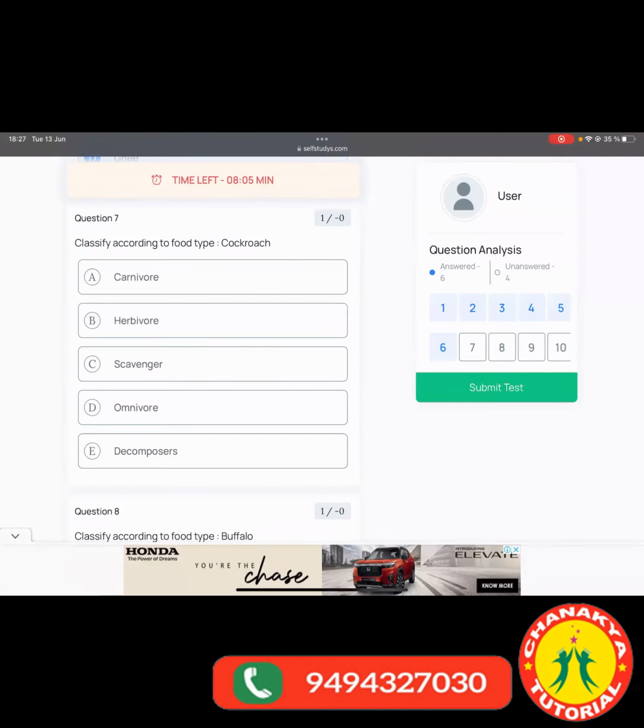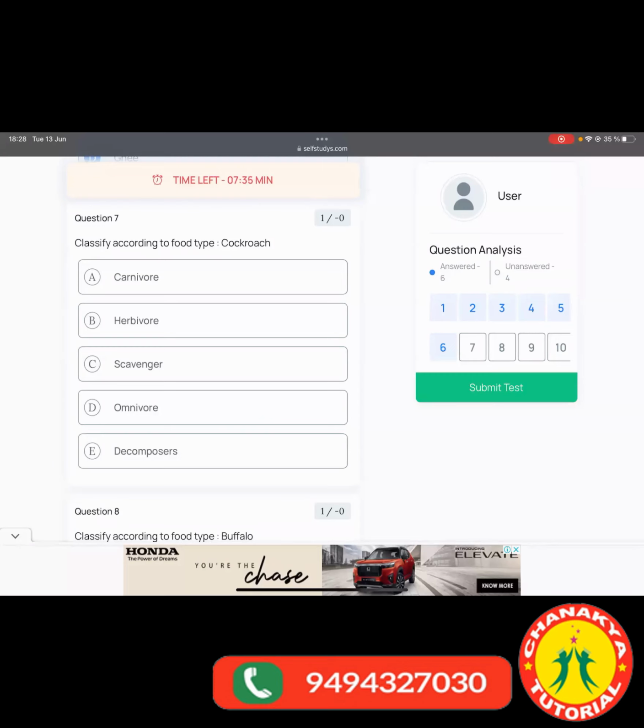Ma'am, actually, I don't know what cockroaches eat. Why do humans get scared of cockroaches? Because they bite, right? Ma'am, I do not understand the question well. The classification according to the food type. I told you what is the food habit, right? So what do cockroaches eat?